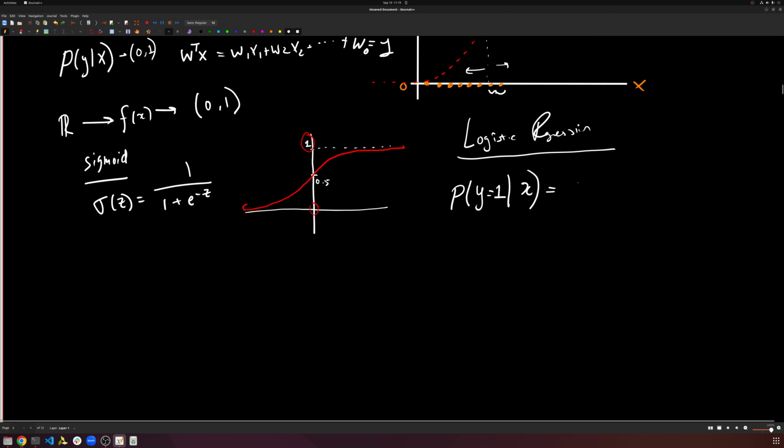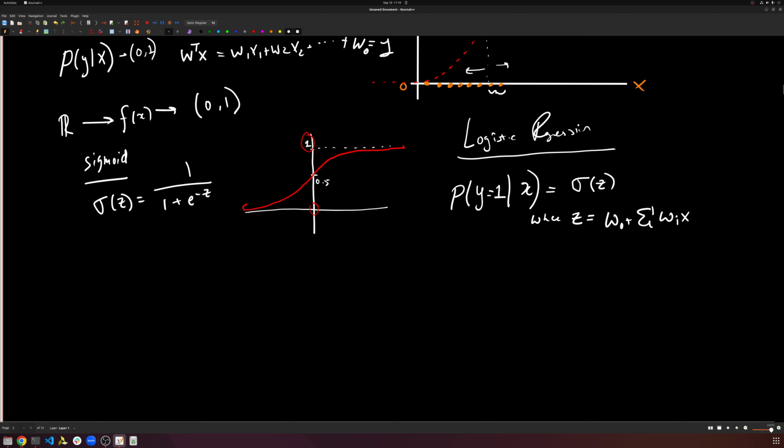And this is going to be, the probability comes from the sigmoid of z, where z is equal to w0 plus the sum of wi xi for i equals 1 to the m features. So the sigmoid of this provides us the probability.